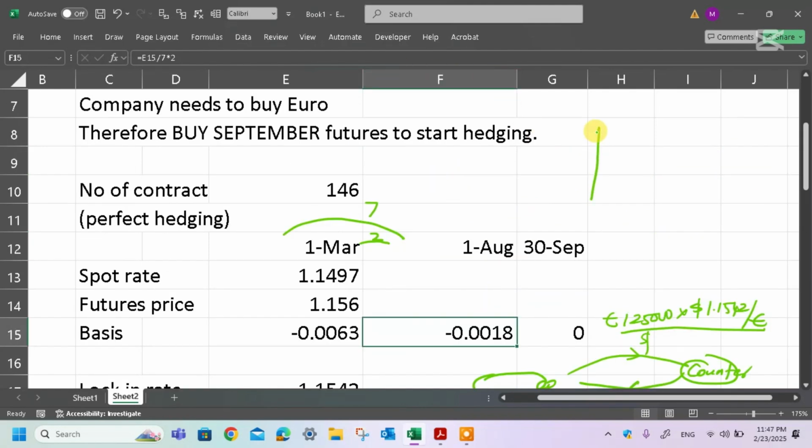From 1st of March, if I take time on my x-axis, 1st of March to 30th of September, the basis, if I look at the value only and leave the minus, from 63 it comes down to 0 linearly, a straight line relationship. Every month it falls by an equal amount. This is an assumption. Due to several factors, this linear relationship might not happen.